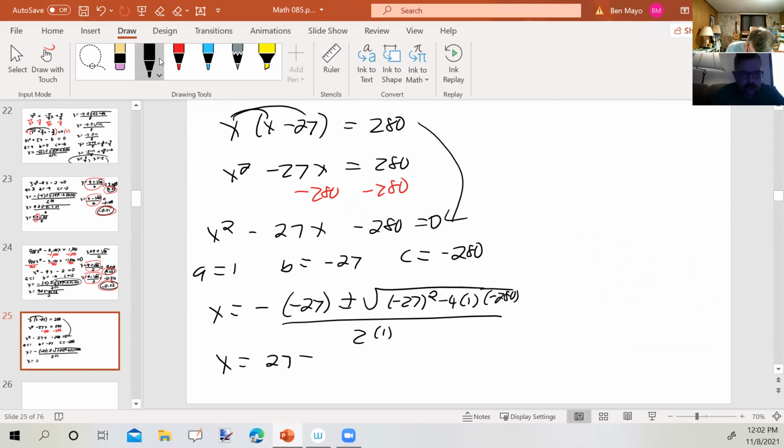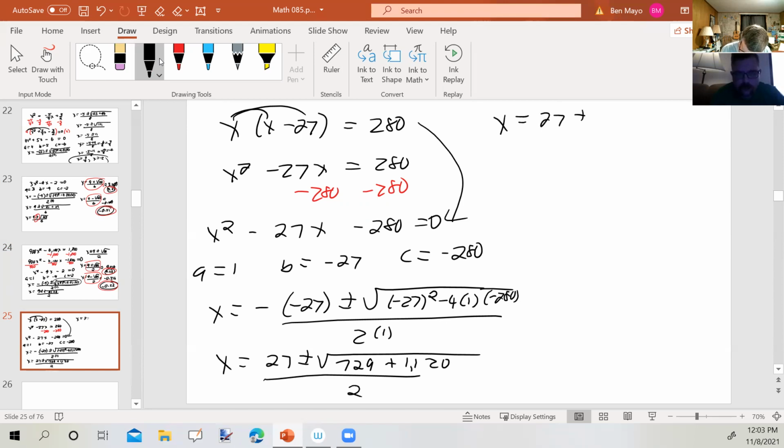X equals 27 plus or minus the square root of, let's see, 27 squared is 729. Minus 4 times 1 is negative 4 times negative 280 is positive 1120, all over 2.